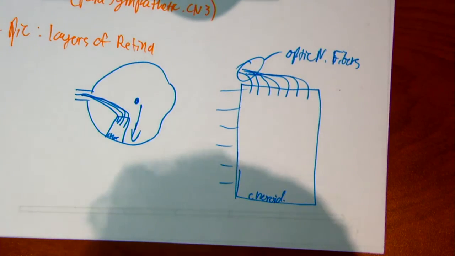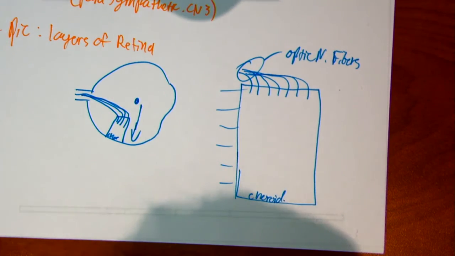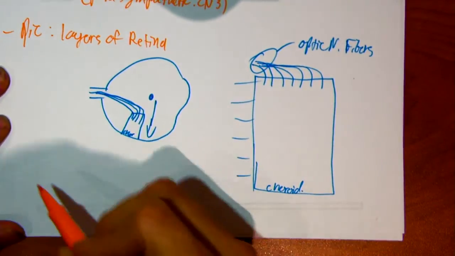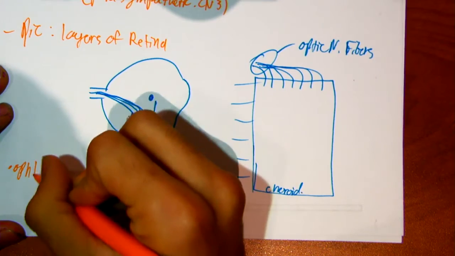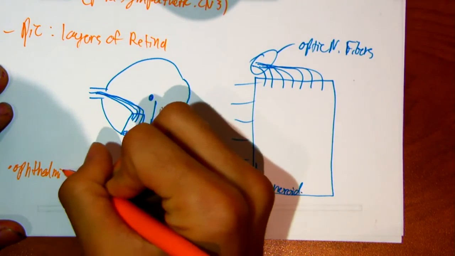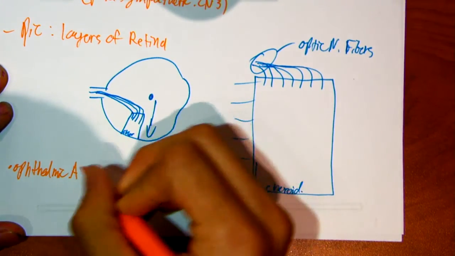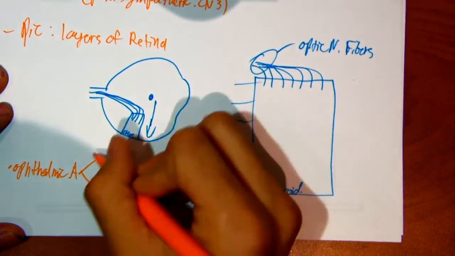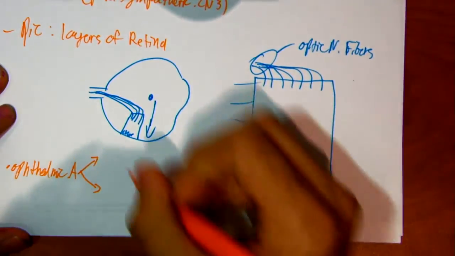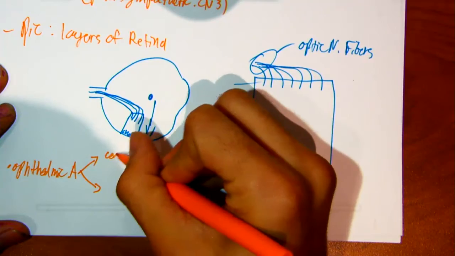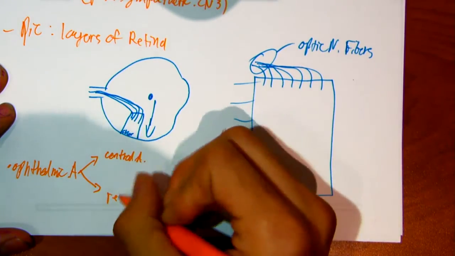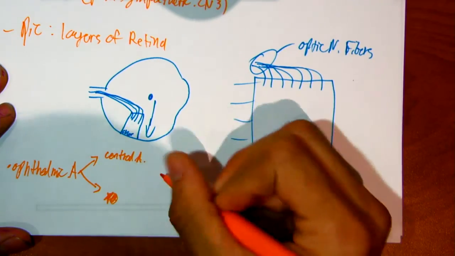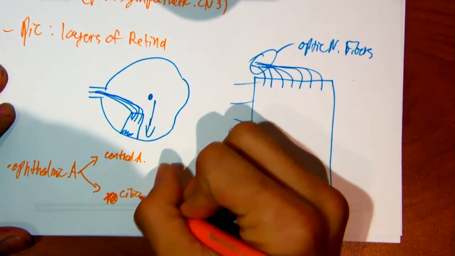The last important thing I would say to know regarding the eye is blood supply. Main blood supply comes from the ophthalmic artery, but the ophthalmic artery has two very important branches. The first one is the central artery. After that, we'll have the ciliary artery.